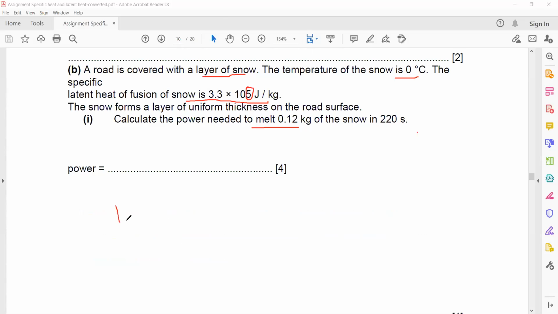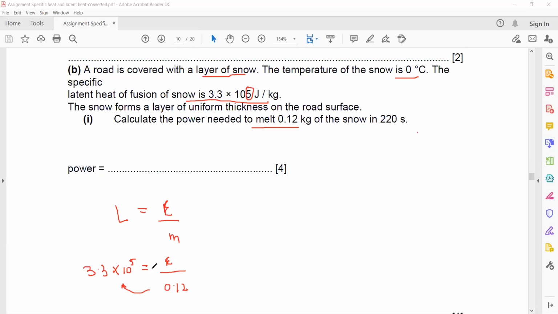So we have the formula: latent heat is equal to energy divided by mass. Latent heat, the energy required to change the state, is 3.3 × 10^5. Energy E, and the mass is 0.12. So 3.3 × 10^5 multiplied by 0.12.